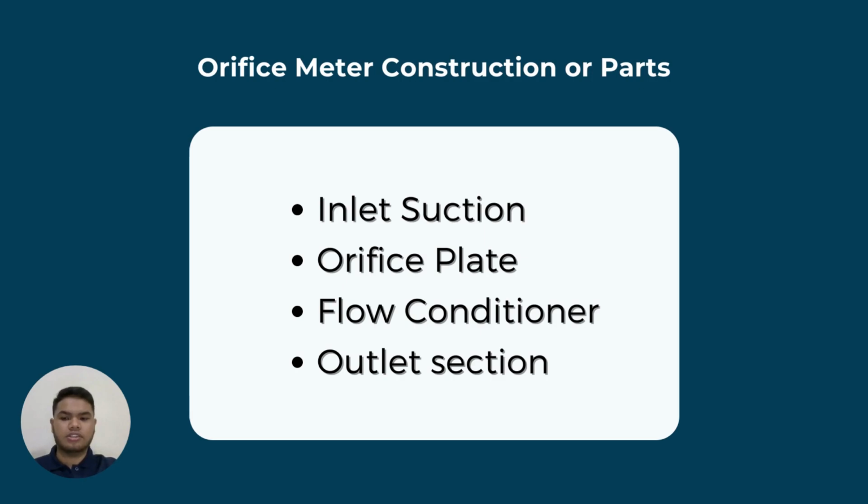The flow conditioner is used to increase the linear flow in the inlet section of the meter tube. It is installed near the inlet section of the meter tube. In the outlet section, the pressure of the fluid being discharged is determined.